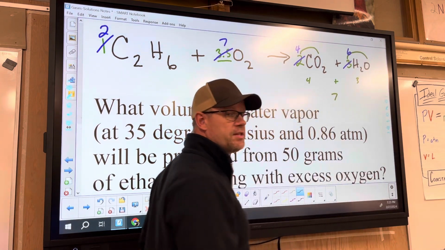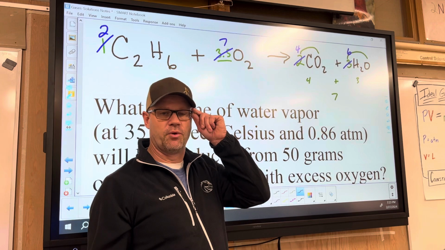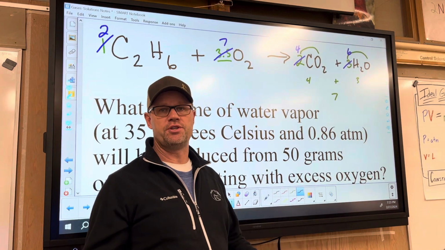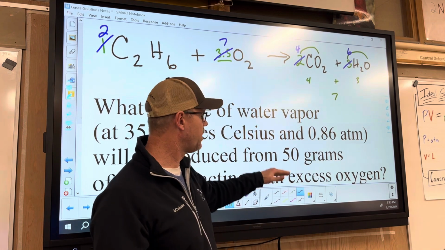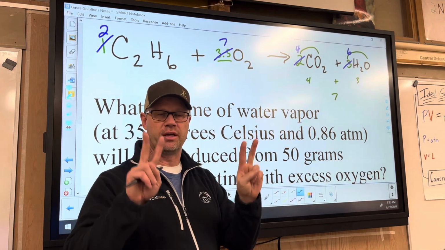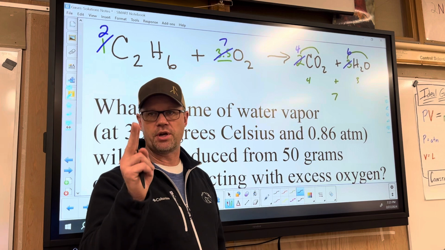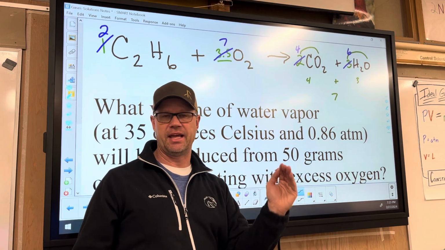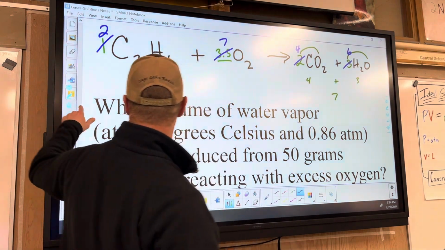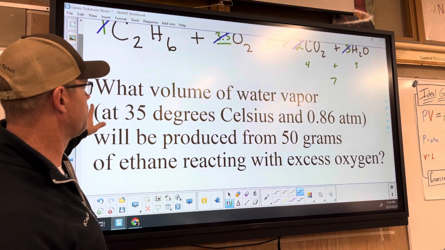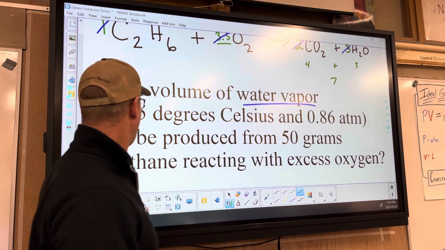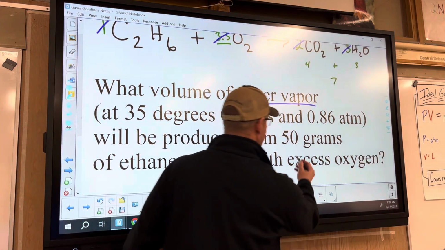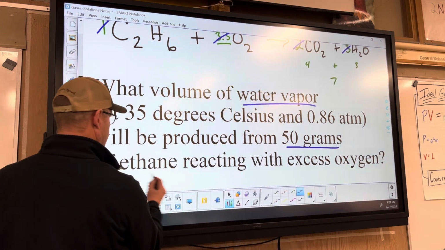Okay, and the reason why this is important is we're going to be looking for a mole ratio. And remember, we have the entire reaction here. What we want to do is read this carefully and narrow it down to 2 things. We're going to look at what we're starting with and what we're trying to predict and end with. So let's read that right now together. It says we're looking for the volume of water vapor, and we're starting with 50 grams of our fuel, which is ethane.